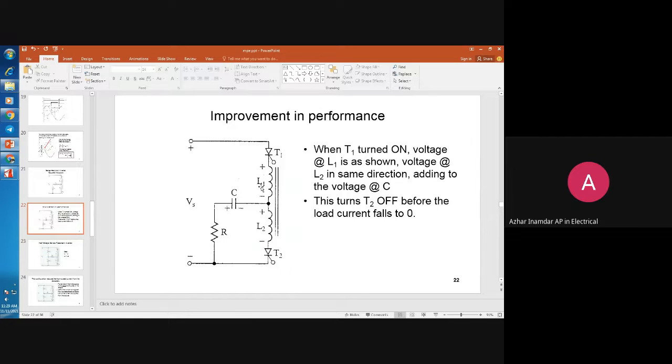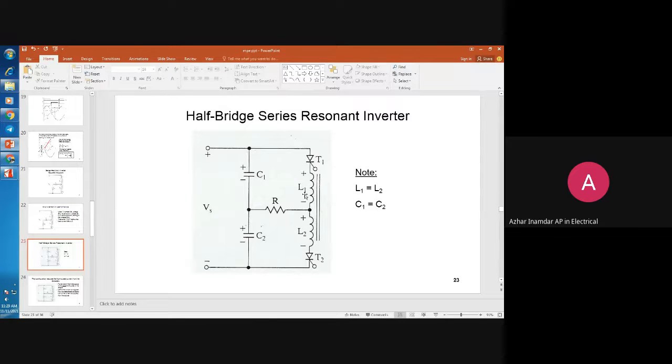Here again L1 and L2 are the same and both capacitors are the same. The power is drawn from the DC source during both half cycles of the output voltage. One half of the load current is supplied by capacitor C1 or C2, and the other half by the DC source.